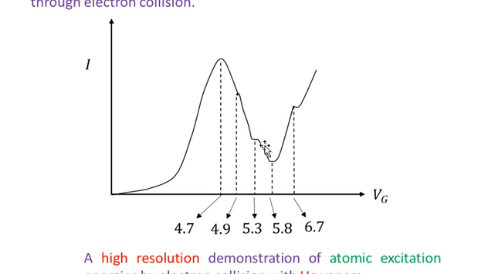Then the current will ultimately decay to its minimum value, corresponding to a dip at a grid voltage of 5.8 volt. This is the region where the inelastic collisions are more dominant over the elastic collisions. That is why there is a fall in the current. These electrons are not reaching the plate.